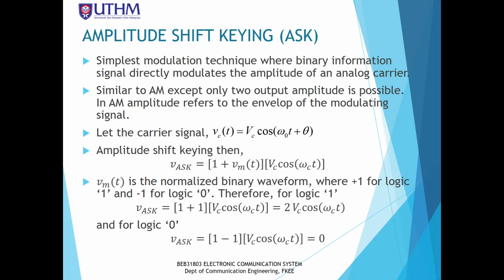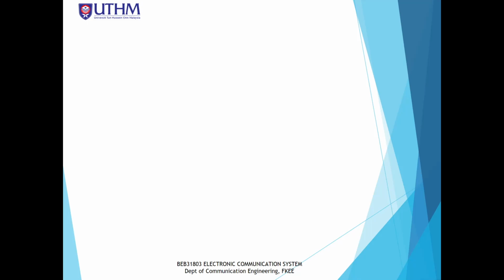Okay, so I make a blank slide here so that I can make a simple drawing for you. So where are we now actually? Okay, so again I will repeat my favorite picture about the transmitter and receiver. So this is the channel.